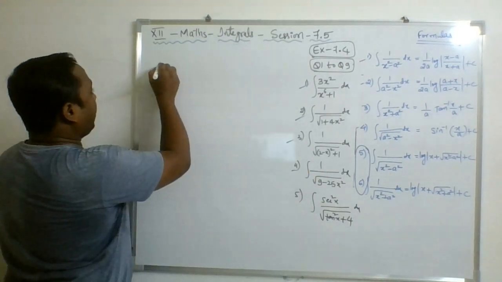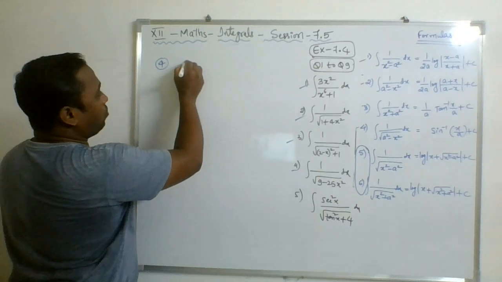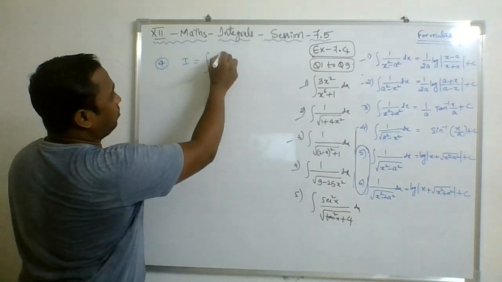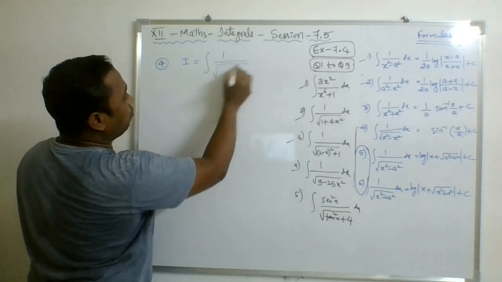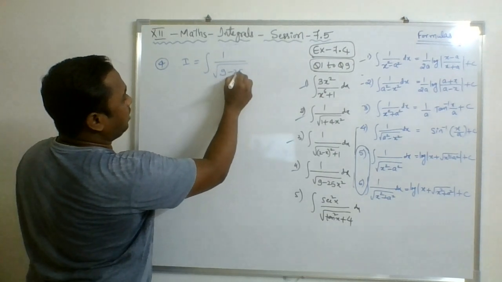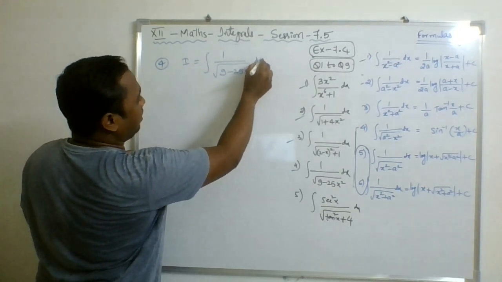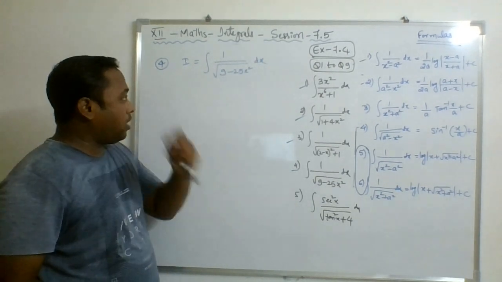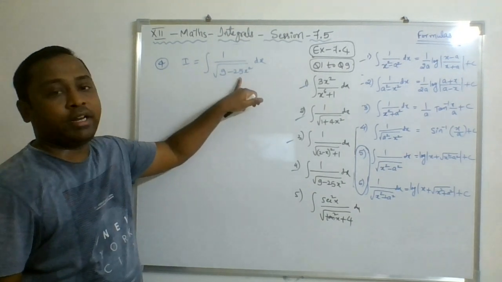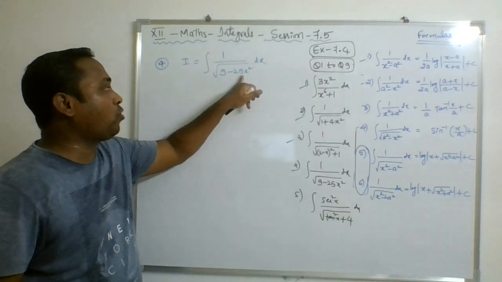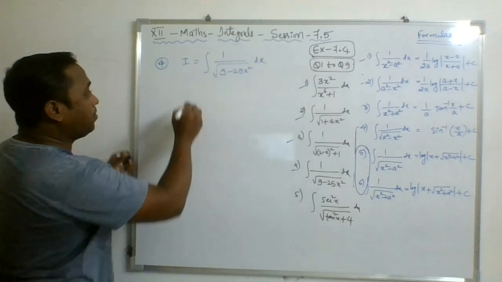Question number 4 I am taking again. So I is equal to integral of 1 upon under root of 9 minus 25 x square dx. Again the coefficient of x square is not 1, so I will take 25 as a common factor.